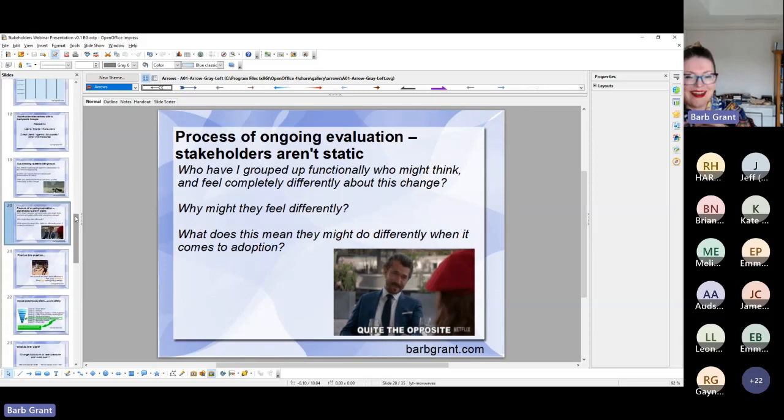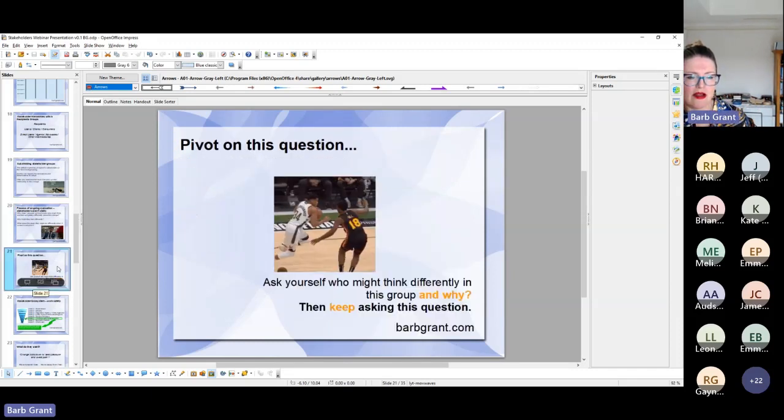Because as we know, and I've talked about this a lot on my blogs, all change is emergent and the variables are always flexing and changing. So we need to be attuned to that, which means we constantly need to be flexing and unfolding our approaches to meet the need, because the need is constantly changing. And so I like this little GIF with the basketballer doing a great pivot there.